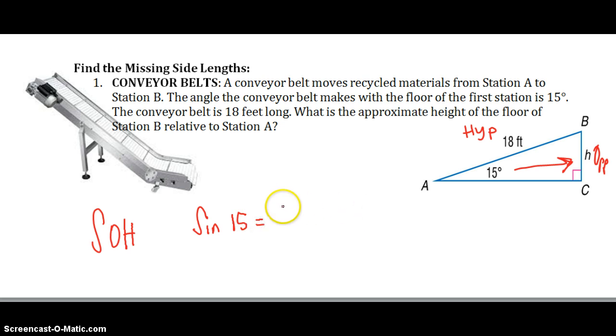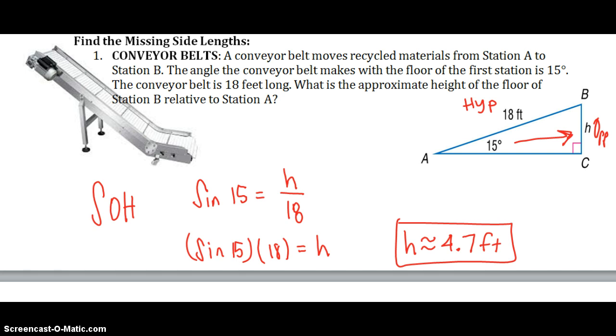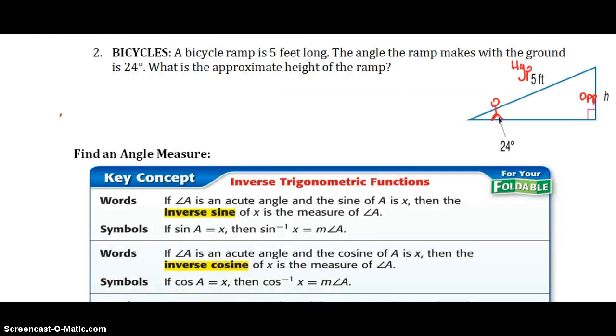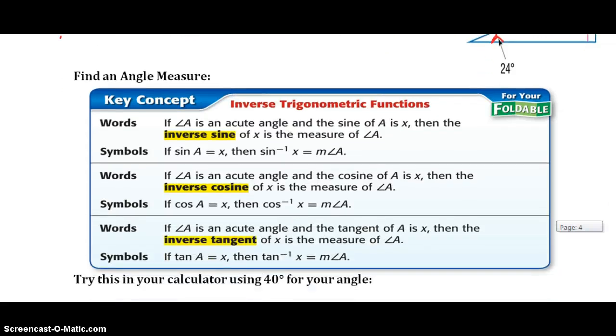Set up my ratio. Opposite is h, hypotenuse is 18. So now I'm ready to use my calculator, and I can punch the sine of 15, close those parentheses, times 18, and that's going to give me h. Practice using your calculator too and see if you get about 4.7. Do number 2 on your own. Again, you'll use sine because of opposite and hypotenuse.